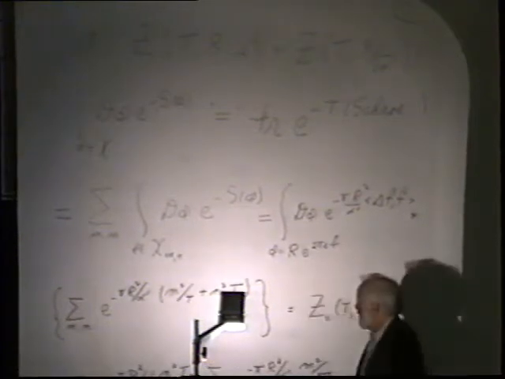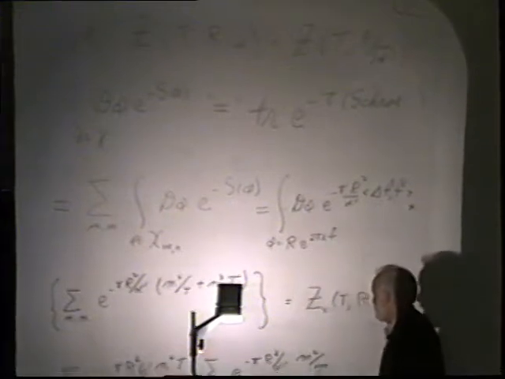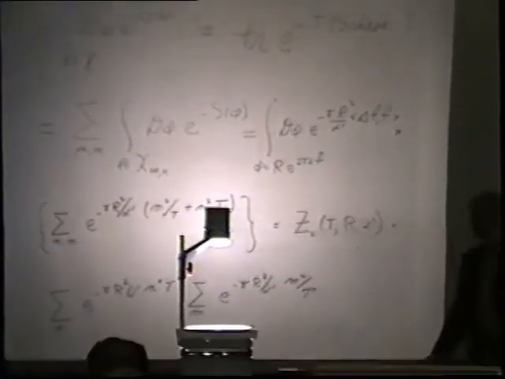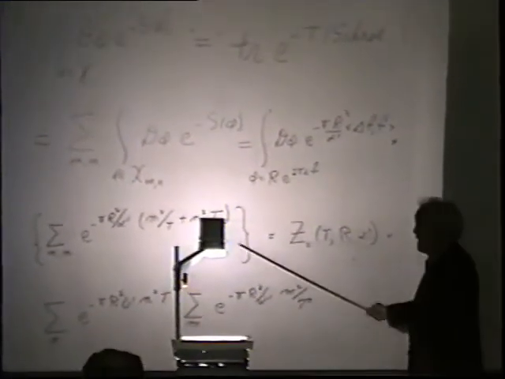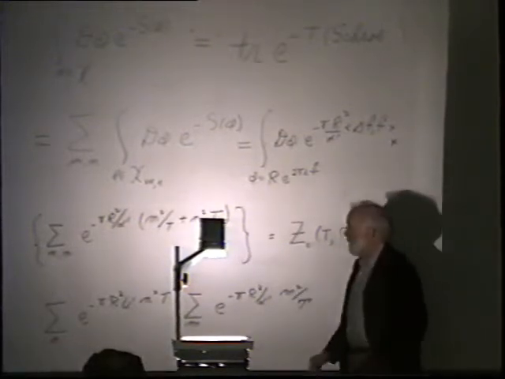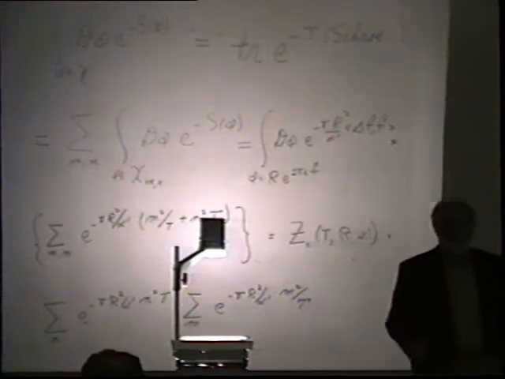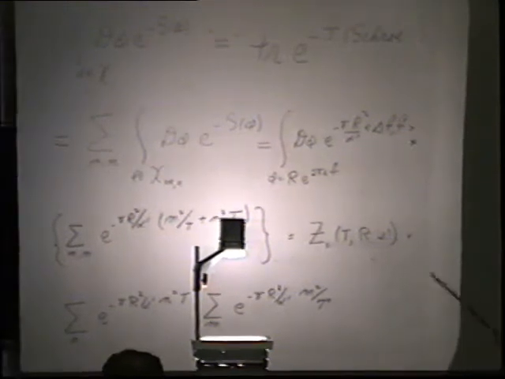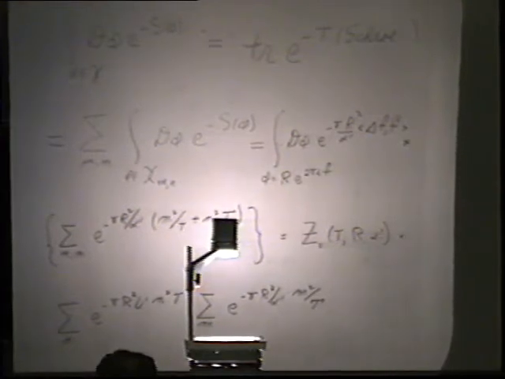One is the sum where the t is in the numerator, and the other is the sum where the t is in the denominator. The m, I guess, represented the actual winding of the space loop around the target, and the n represented the winding of the time circle of period 2 pi t around the target.